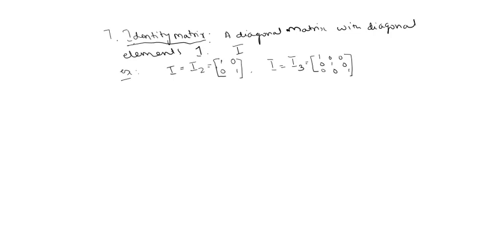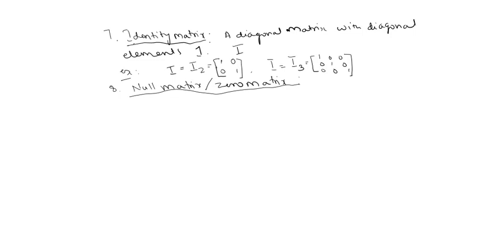Now we go to the next type of matrix, the null matrix. As the name indicates, null means zero, so we can also call it a zero matrix. A zero matrix is a matrix in which all the elements are zero.